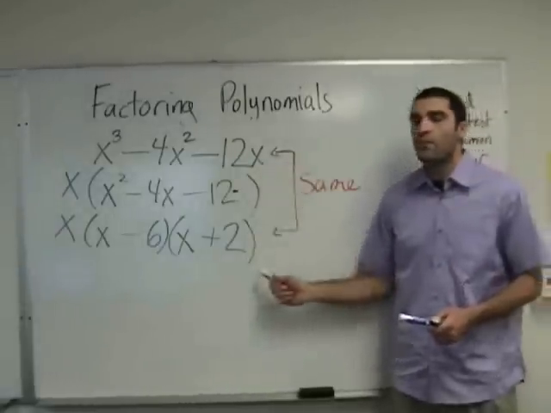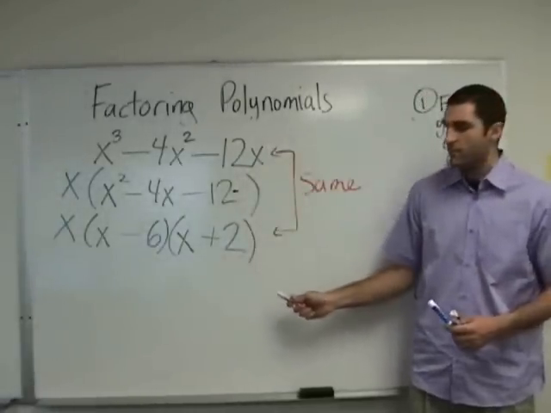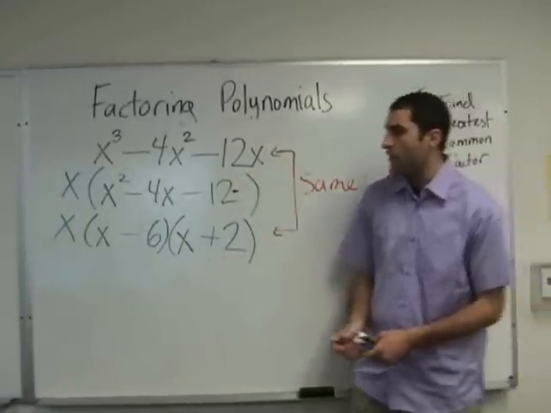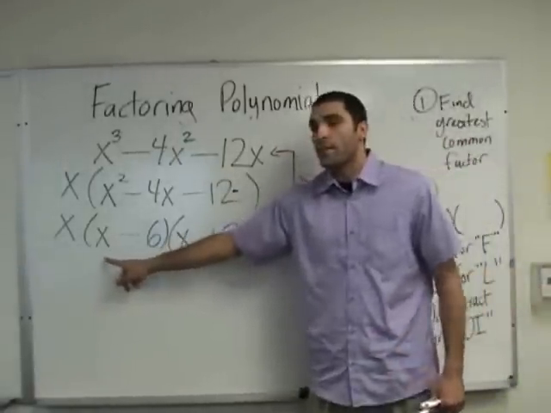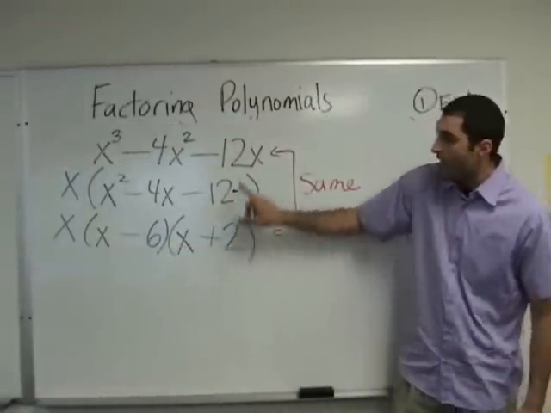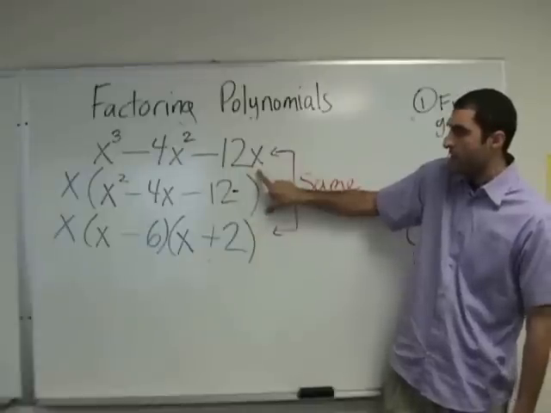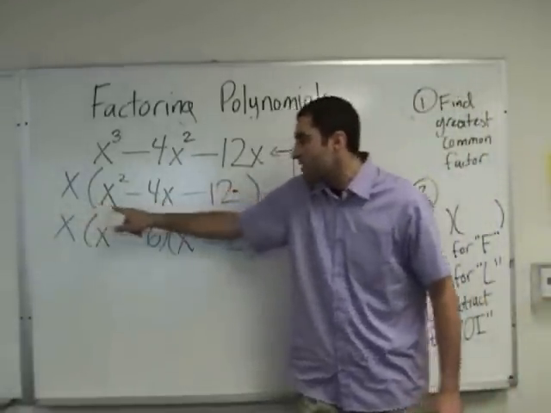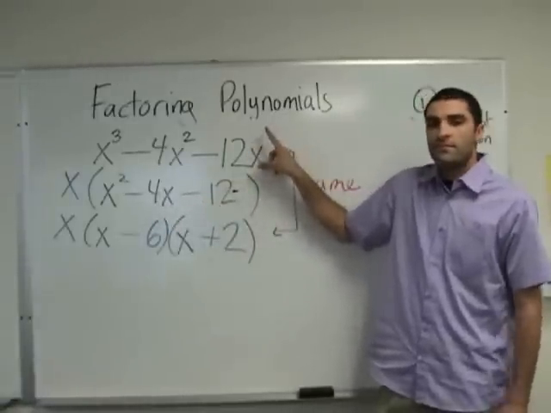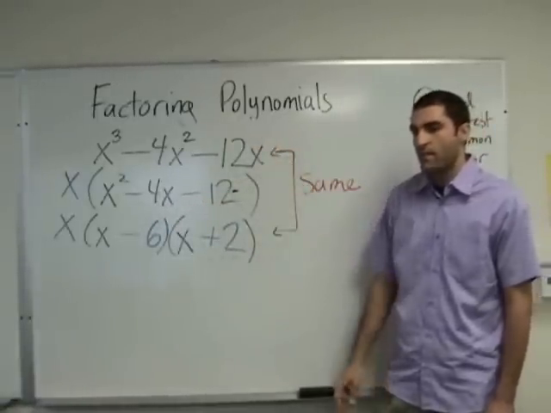Can you go in this order? Can you start with this and go here? Yes. If you wanted to check your work, you would FOIL this thing, and you would get this thing in the parentheses. I'm sure you can see that. And then if you were to distribute this, you would get here. That's the process.